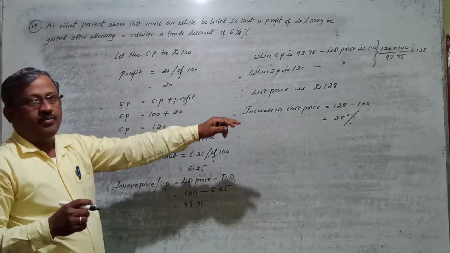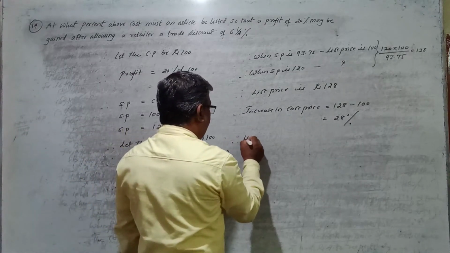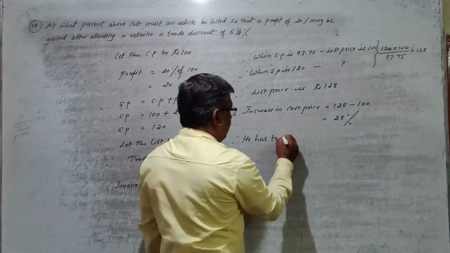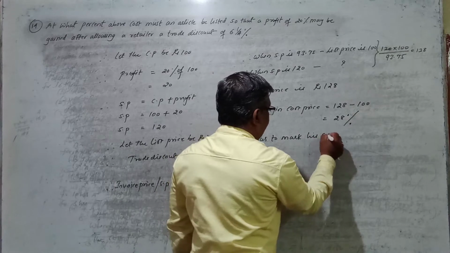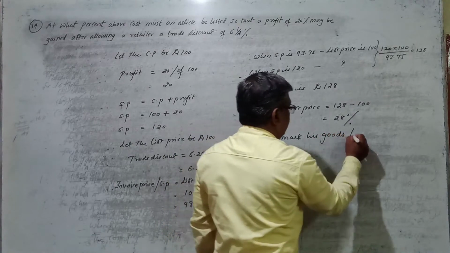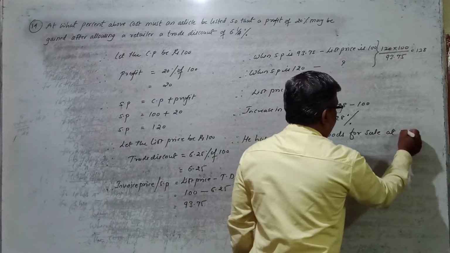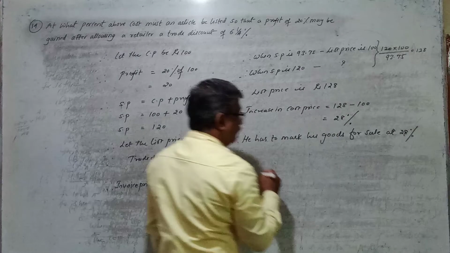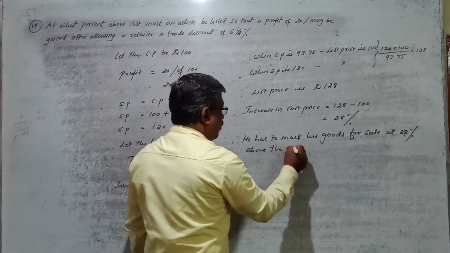Therefore, he has to mark his goods for sale at 28% above the cost.